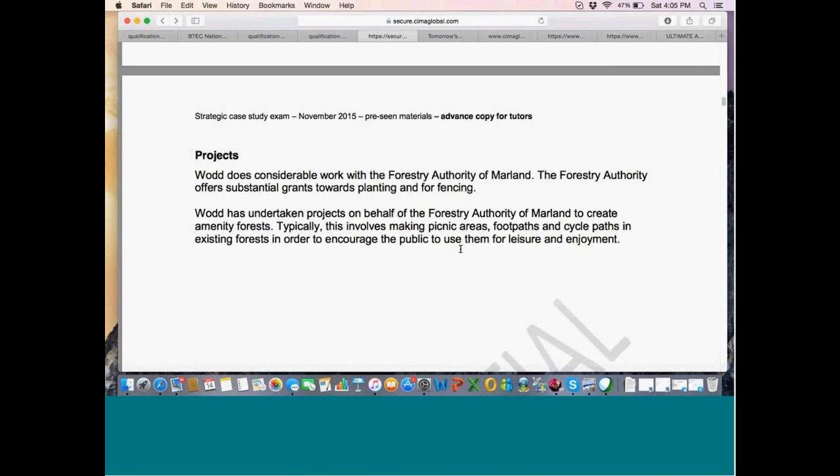Okay, so in the second paragraph, they talk about how typically this involves making picnic areas, footpaths, and cycle paths in existing forests in order to encourage the public to use them for leisure and enjoyment.